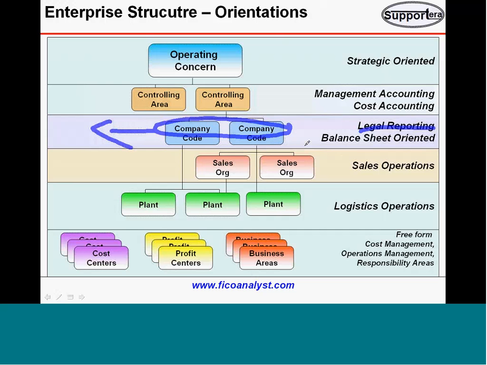When you talk of the balance sheet, you have the P&L and the balance sheet, both of which you present to the legal authorities or tax authorities. That's what we call legal reporting. Without a company code, you cannot post an accounting entry, right?